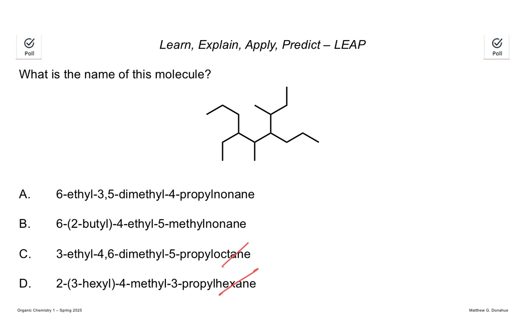I want to figure it out. So again, the challenge is, one, you have to find the longest chain. And then once you do that, remember, you can number that chain 2 ways. So the way you number it is also important, because as I said, these substituent location numbers, they're individual numbers, but if you consider them and sum them, that has to be the lowest possible number it can be.